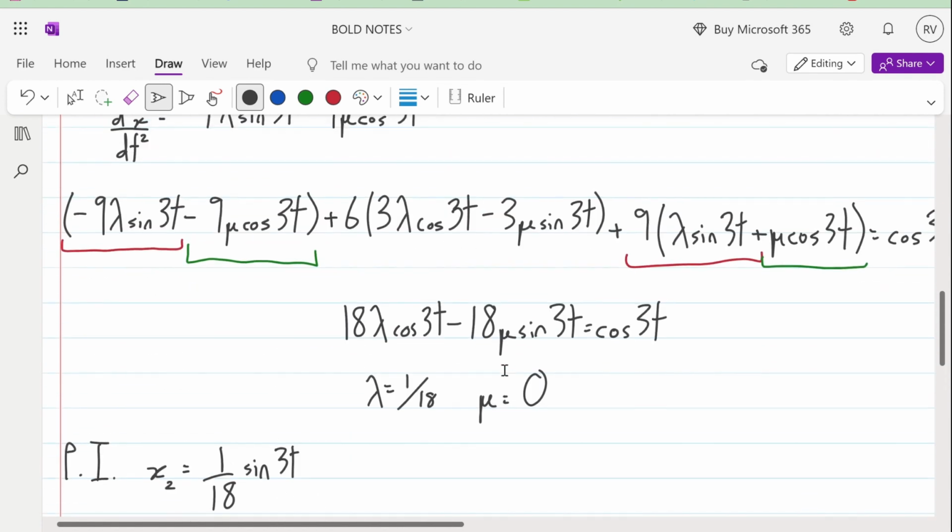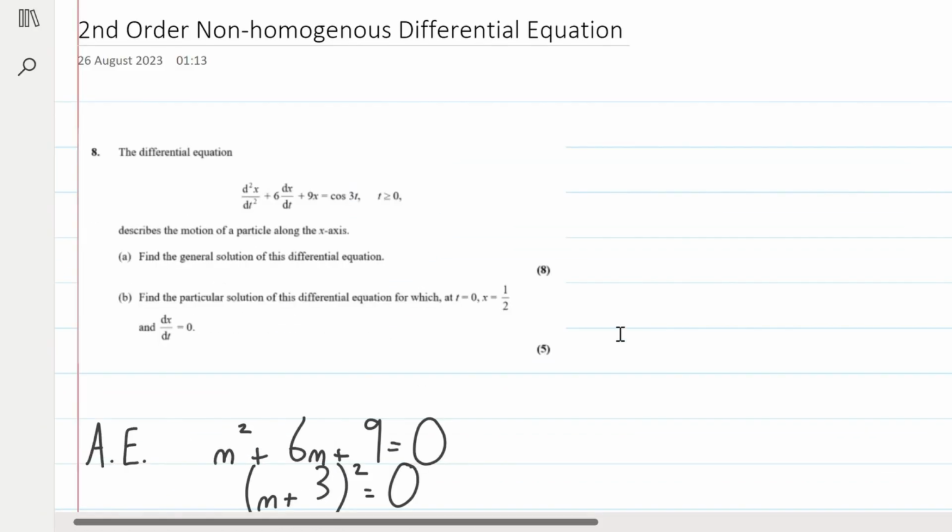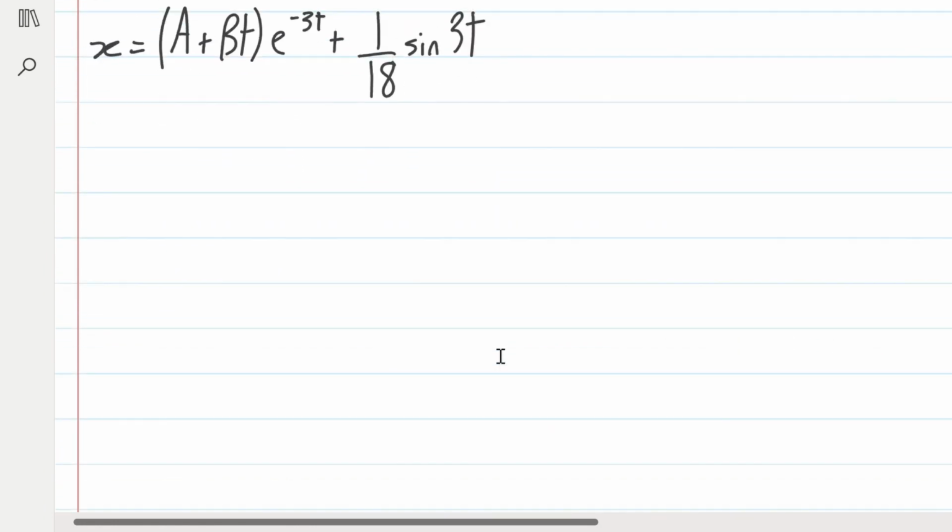And now to solve that, obviously it needs to give us quite a lot of information. So here it's given us the first bit of information, which is that when t equals 0, x equals half. I'm just going to write 0.5.